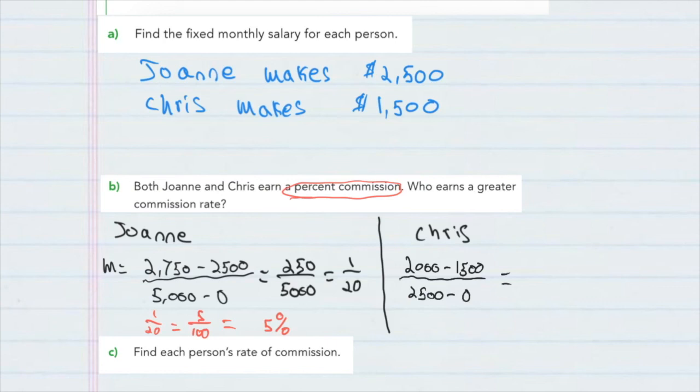So that is 500 over 2,500, which is then 1/5. And when I simplify that as a percent, that's going to be 20 over 100, which is then 20%.